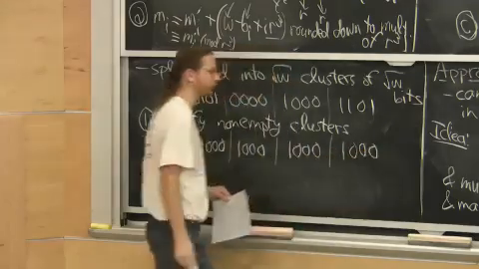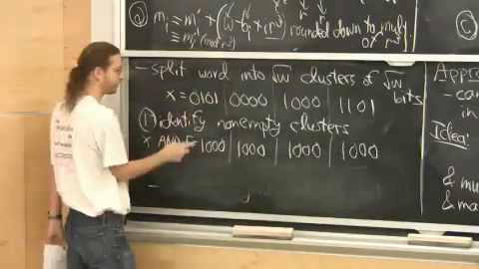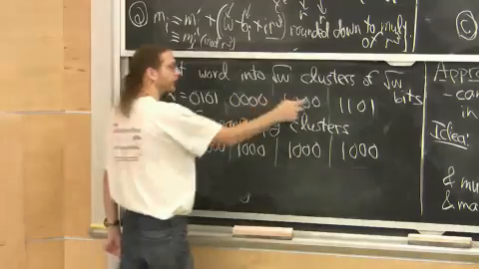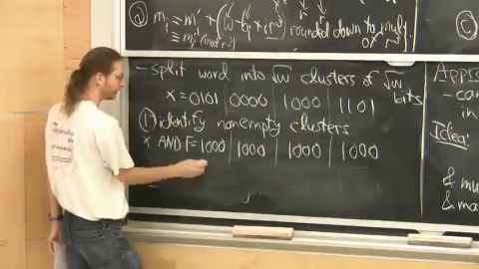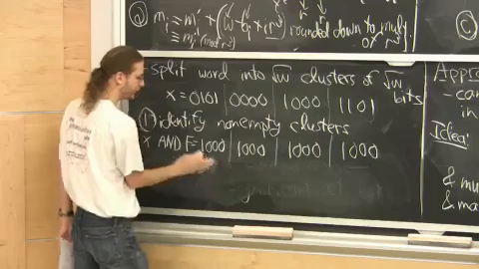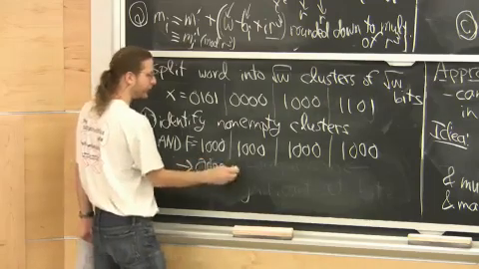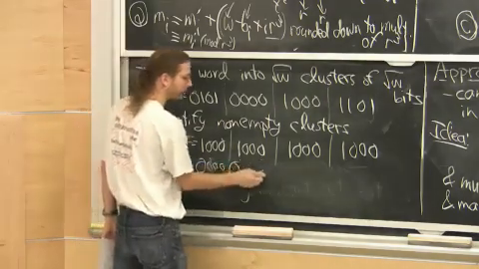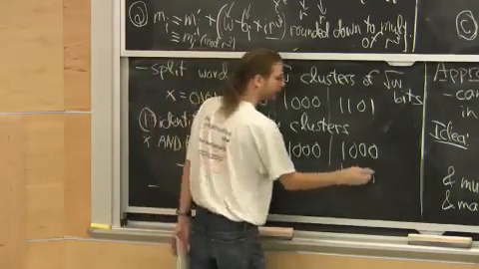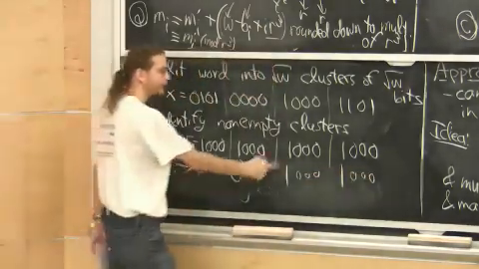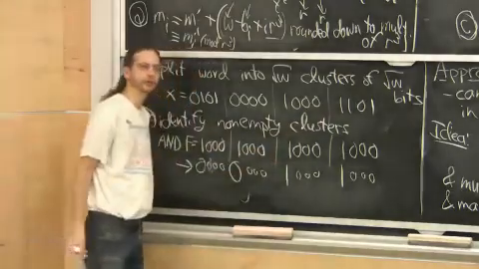F for first. So I'm just seeing which of these first bits in each cluster are set. So the result is I get 0 0 0 0 0 0 0 0 1 0 0 0 and 1 0 0 0. So this, in particular, tells me this cluster and this cluster are non-empty.